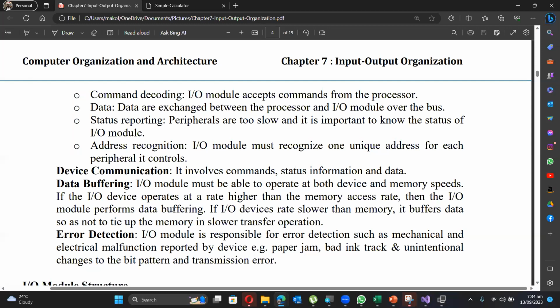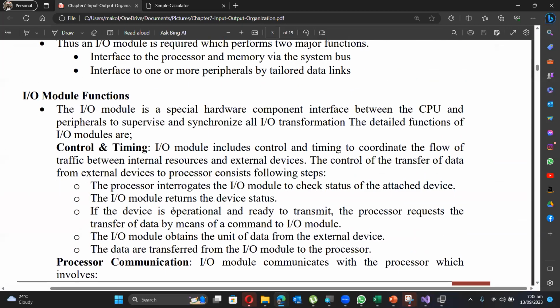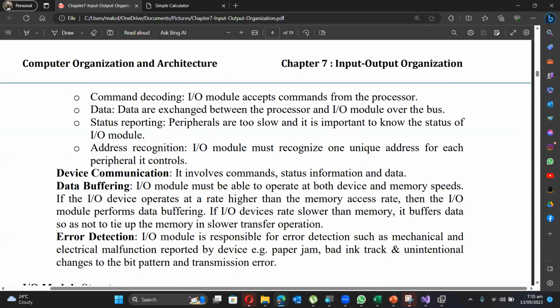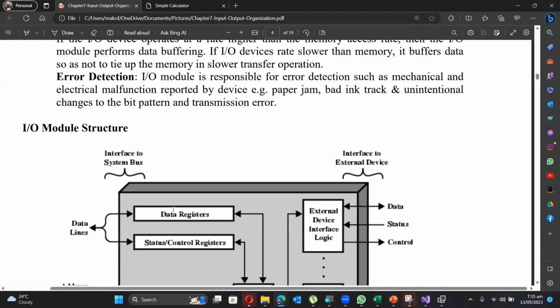That is device communication. It also involves data buffering and error detection. So again, just a quick go over, the IO module performs the following functions: control and timing, processor communication, data buffering, and error detection.